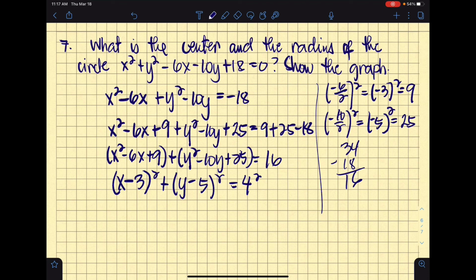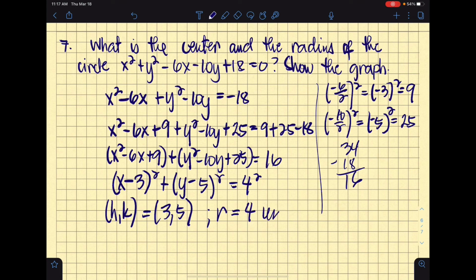So now that we have our standard form, so we can easily identify our h and k. Our h and k is 3 and 5, and our radius is 4.